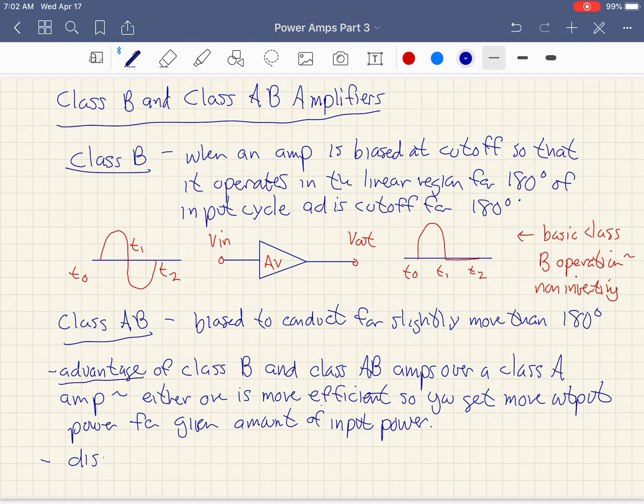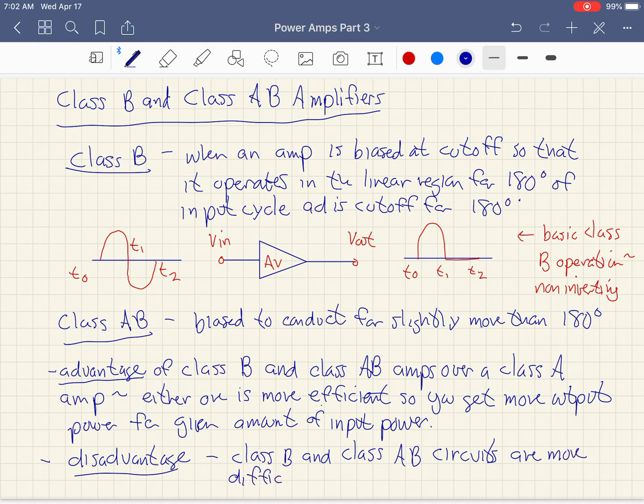The disadvantage: the Class B and Class AB circuits are more difficult to implement. I'm just going to put a little $ in parentheses here. Cost more.